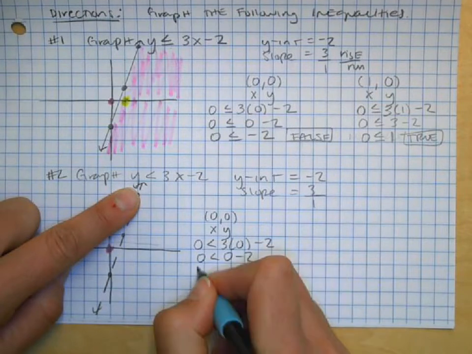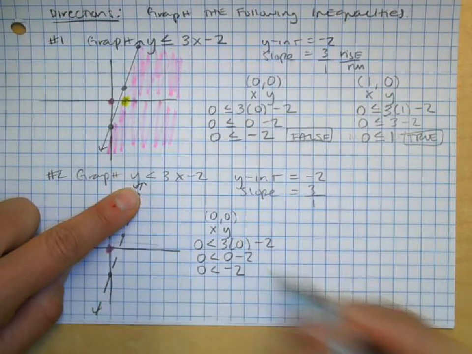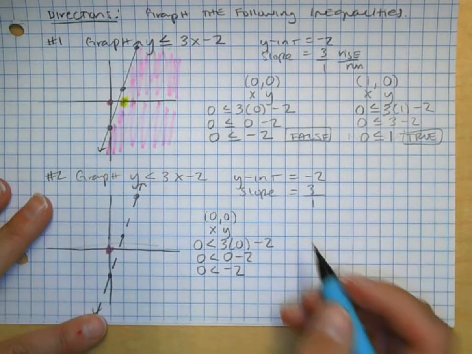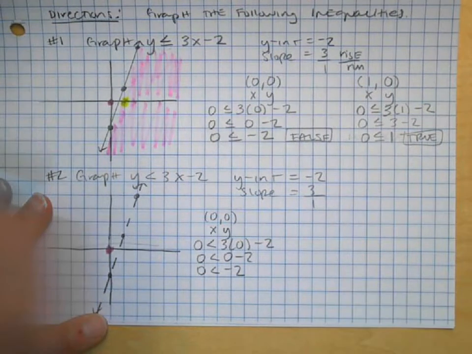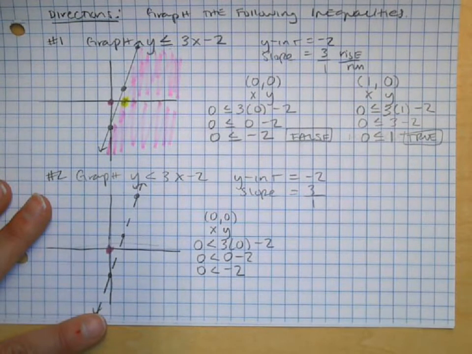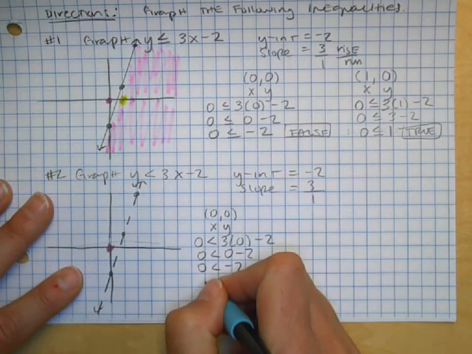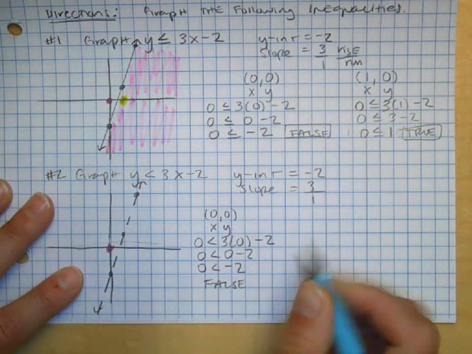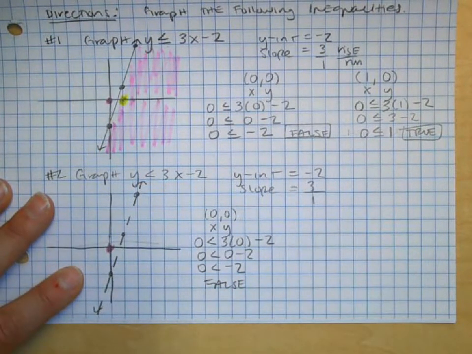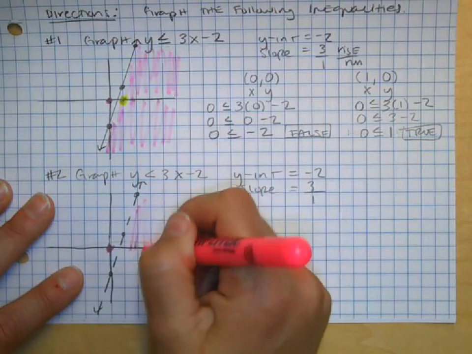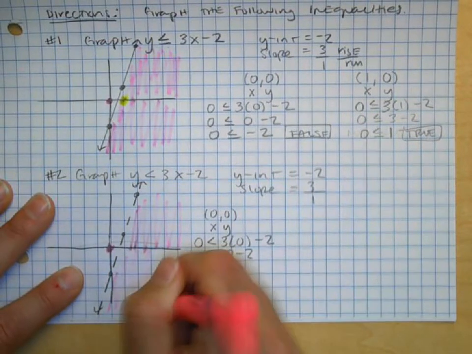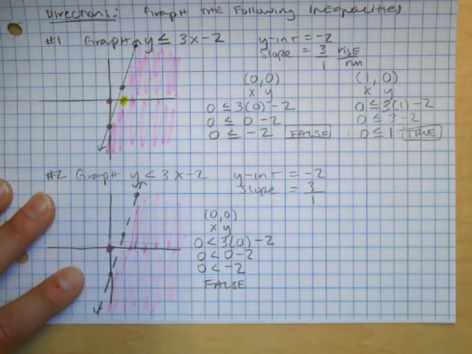Simplify this, and I get 0 is less than negative 2. Is that statement true or false? Since this statement is false again, we are shading the opposite side from where that point was. If that statement was true, you would be shading where that point was.